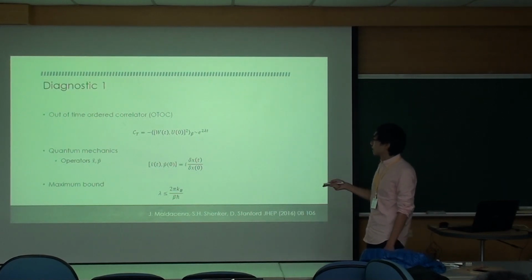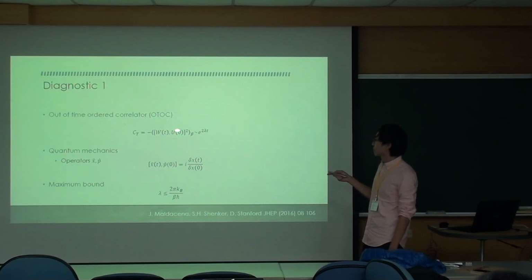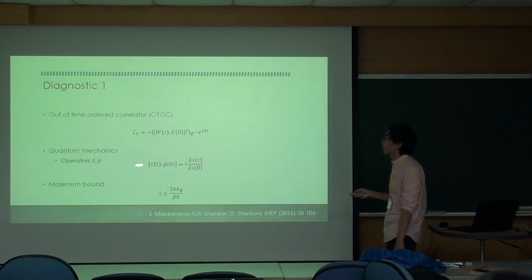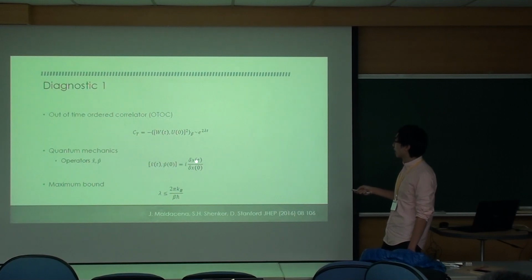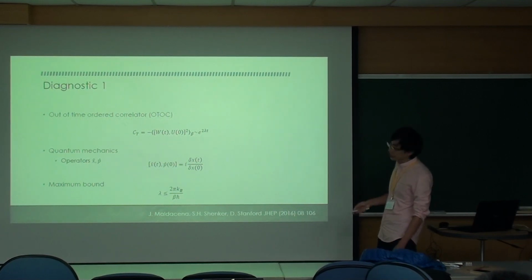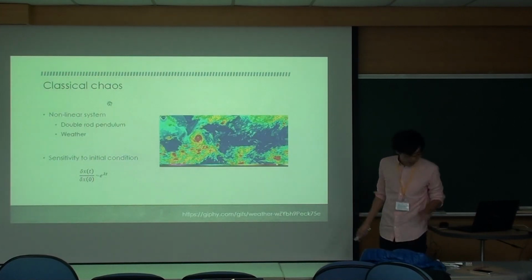It's easy to see why this quantity is a good measure of chaos. If we look at a quantum mechanical system with operators x and p, the commutator of x at time t and p at time 0 gives the variation of x at t over the variation of x at 0, which is exactly the same condition we have in classical systems.